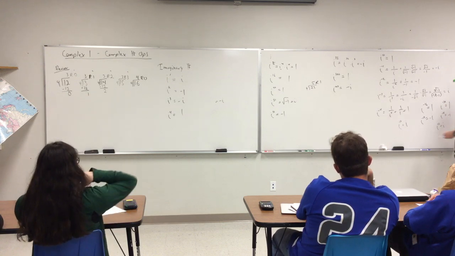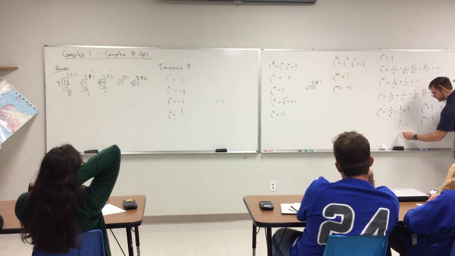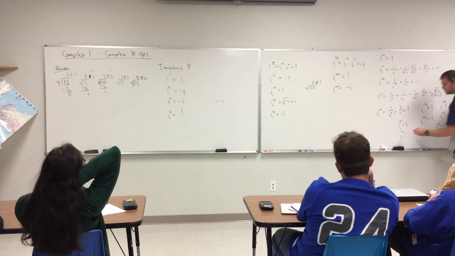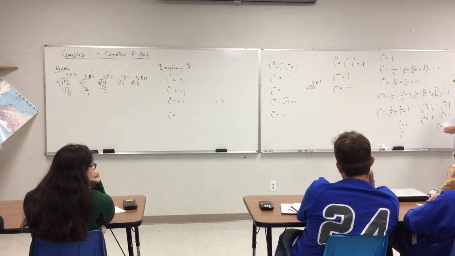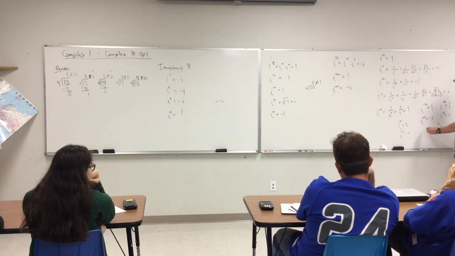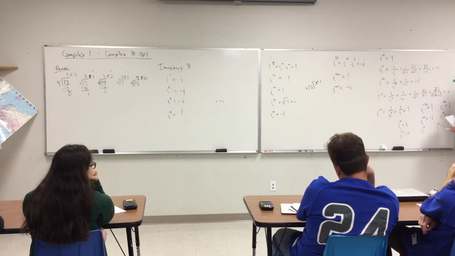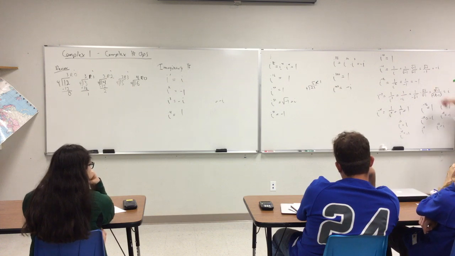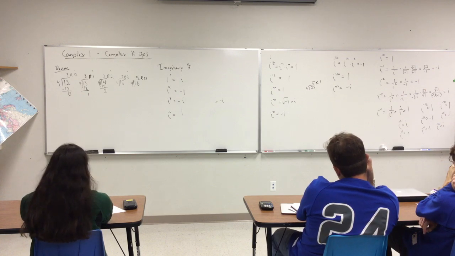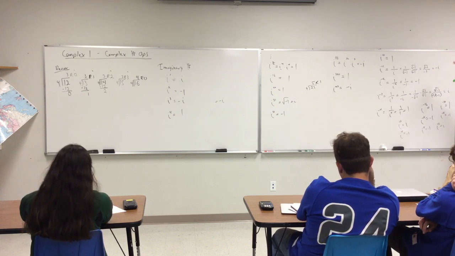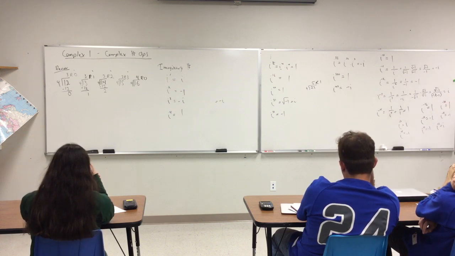Let's think about I to the 18. That's 2 past, so that's going to be negative 1. I to the negative 18 would be back here. Yeah, it's not. That would be nice if it worked out. Okay, but do you see the pattern? It seems like this is such an easy pattern that we could program it.